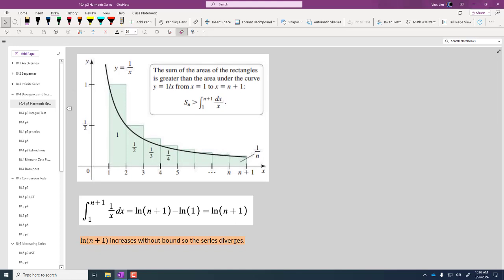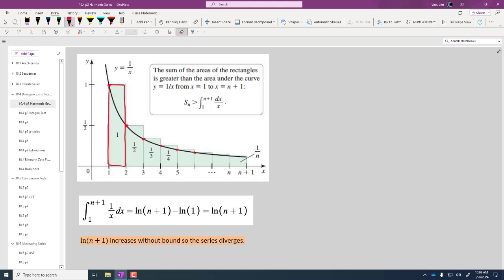And remember that the area beneath a curve, you can think of it as a sum of rectangles. So visually, here's our curve, 1 over x, and we've got our sequence of terms that are right here. Isn't it true that this height is 1 and also this area is 1?